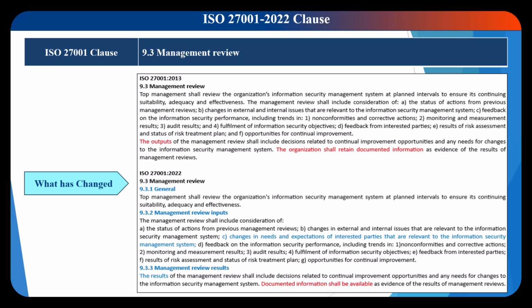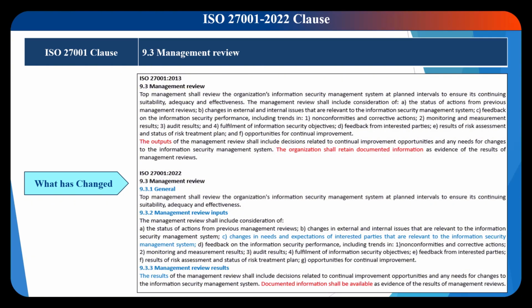In section 9.3.2, there's a subsection added that says changes in needs and expectations of interested parties that are relevant to the information security management system. Under section 9.3.2, it now requires that the management review shall include consideration of changes in needs and expectations of interested parties that are relevant to the information security system.